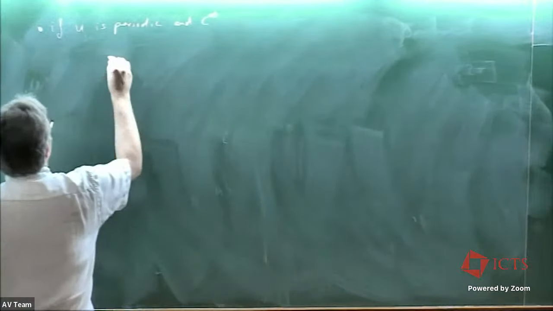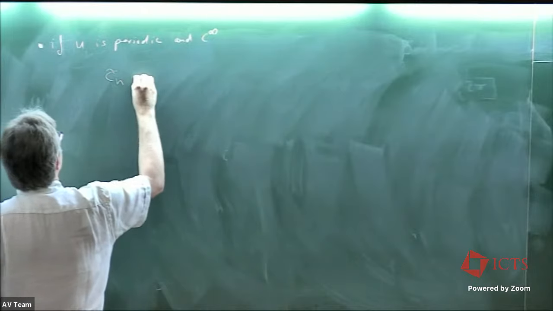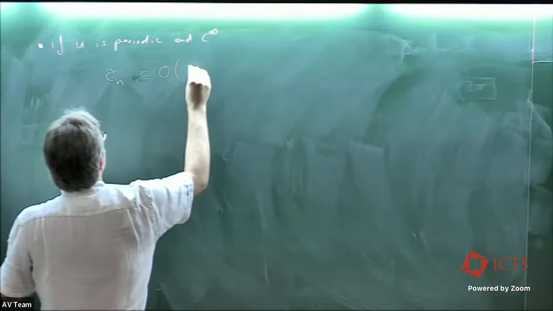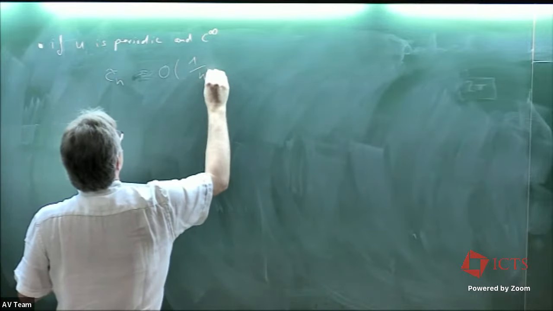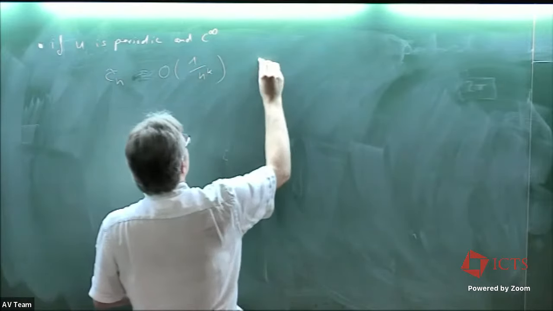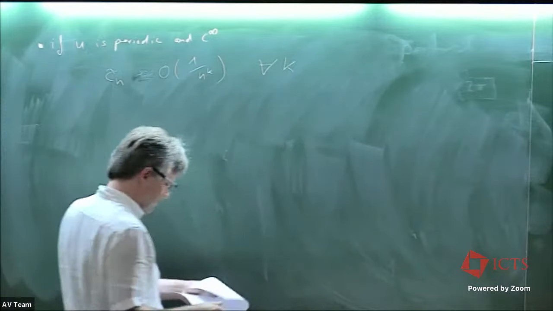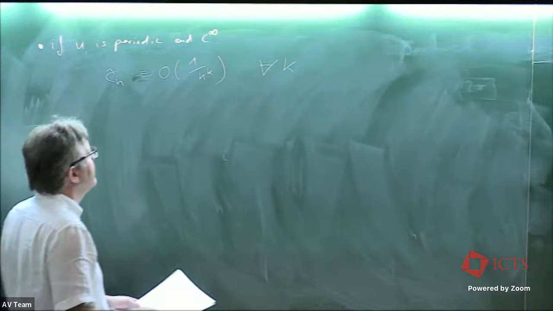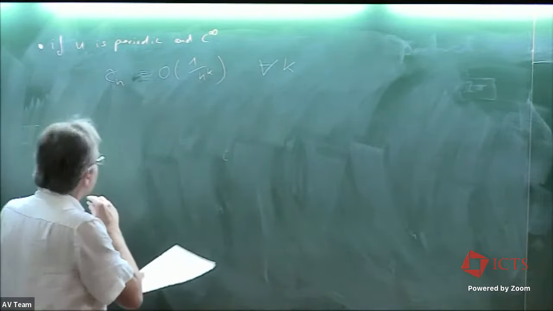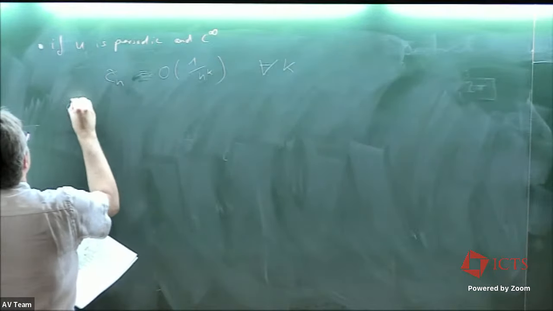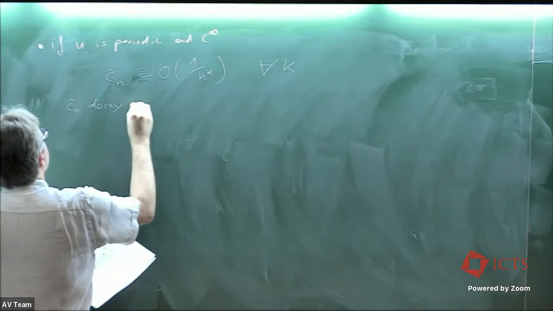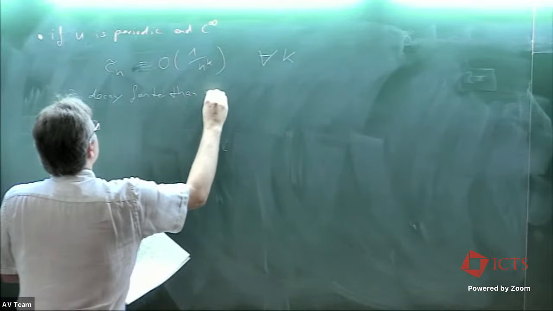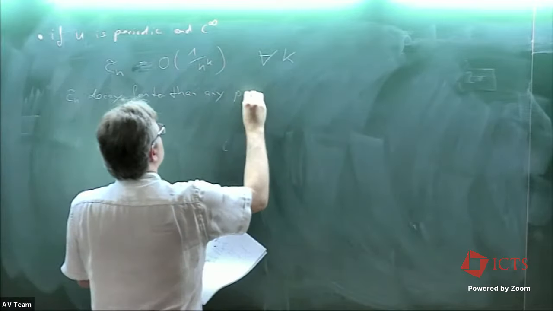And so we have that our Cn is going to be order 1 over n to the k for all k. And so the Cn's decay faster than any power of n.